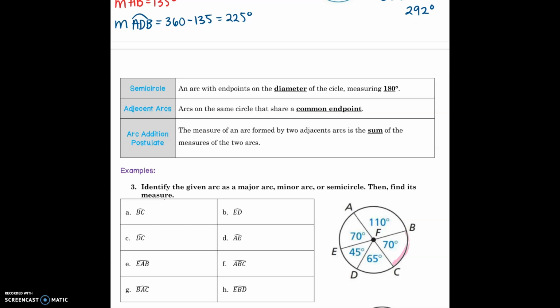BC is a minor arc because it measures less than 180 degrees, and it's equal to its central angle, which is 70 degrees. Arc ED is also a minor arc, and it's equal to its central angle, DFE, which measures 45 degrees.